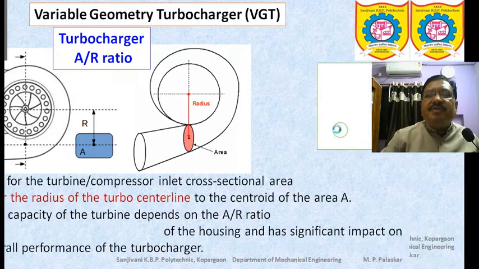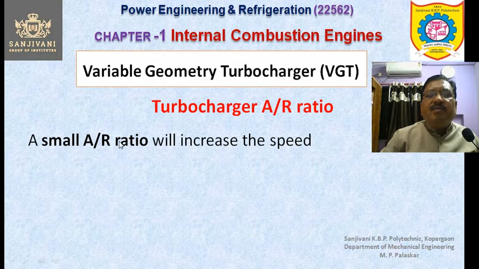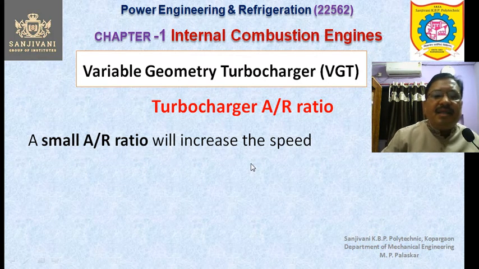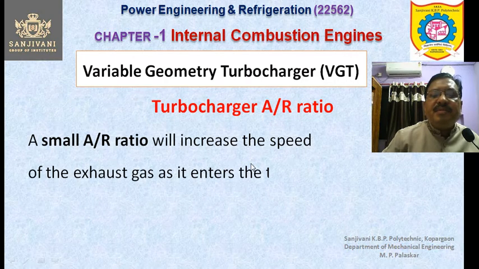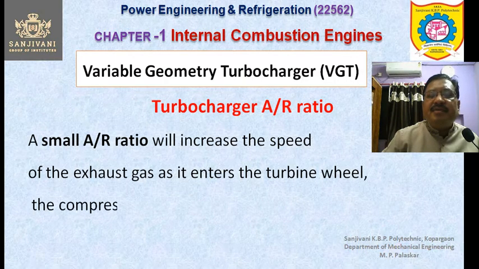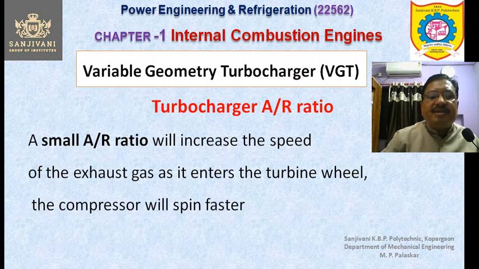A small AR ratio will increase the speed. If we decrease the area, then the speed of the exhaust gases which are entering the turbine wheel will be increased.